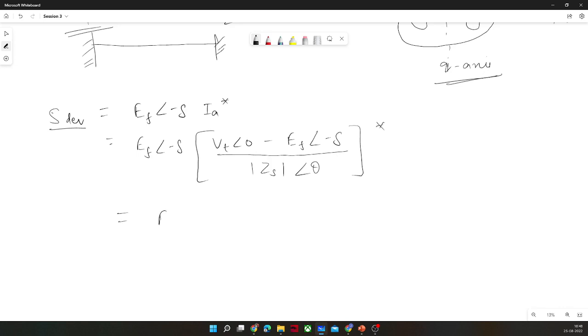So after that, EF angle minus delta, I will take the conjugate right here: VT angle 0 minus EF angle delta, divided by ZS angle minus theta.